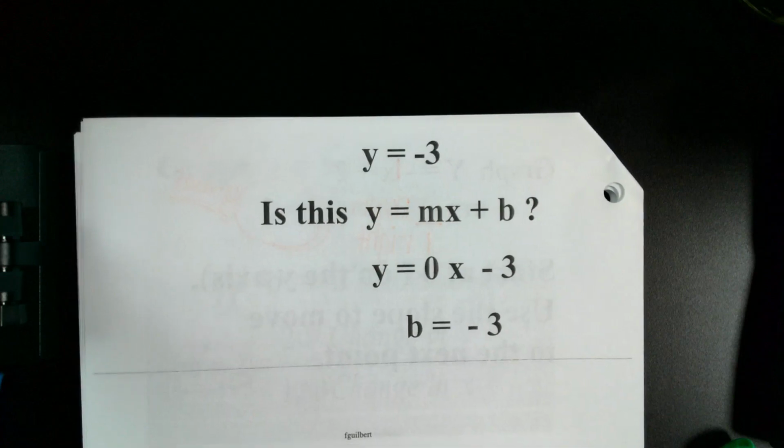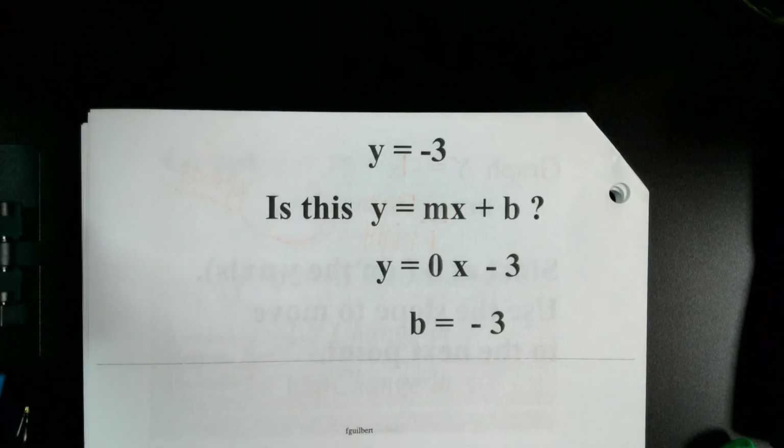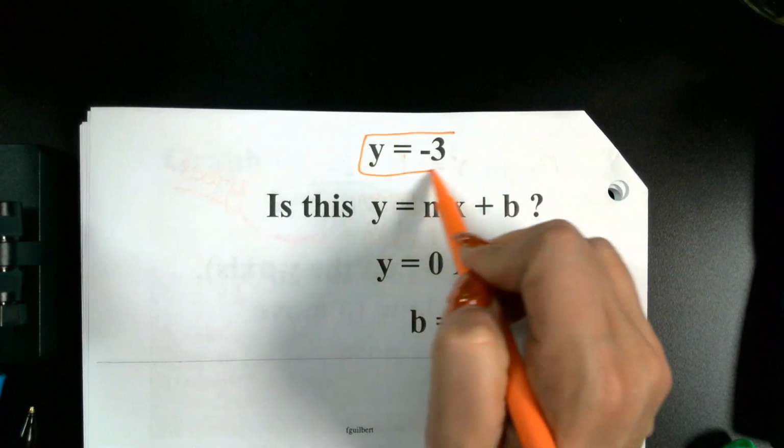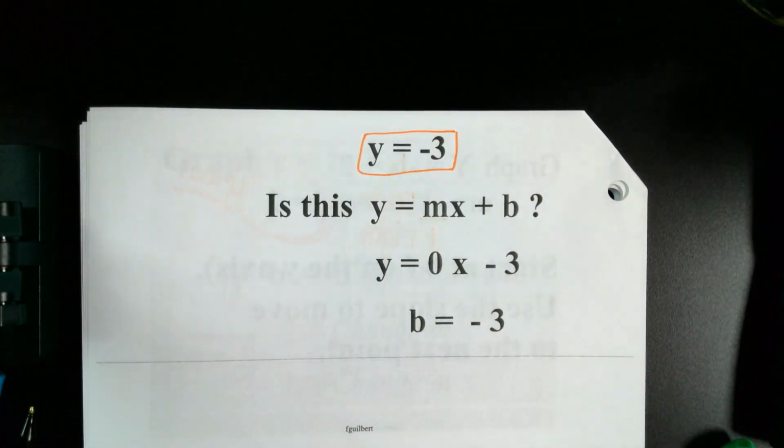Have you also noticed that every equation we've done so far starts with the letter y? They've all said y equals. If you haven't noticed that, notice it now. But look at this one. That just says y equals -3. Okay, so first of all, there aren't 2 numbers.